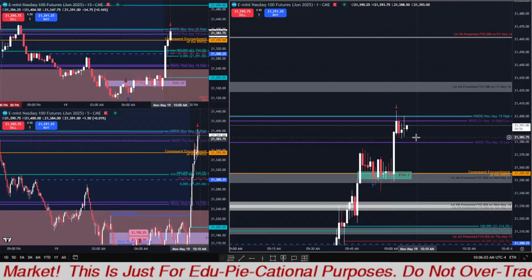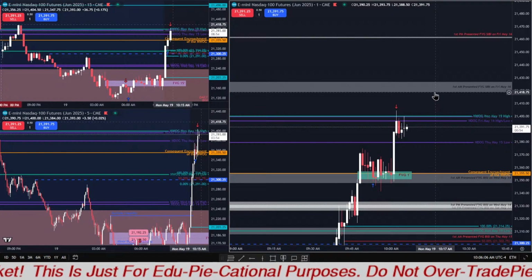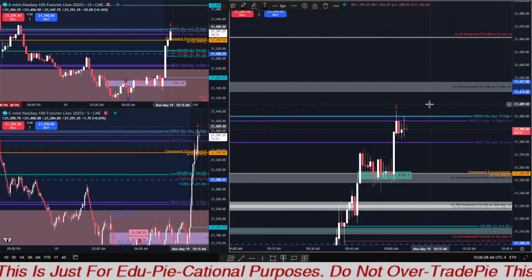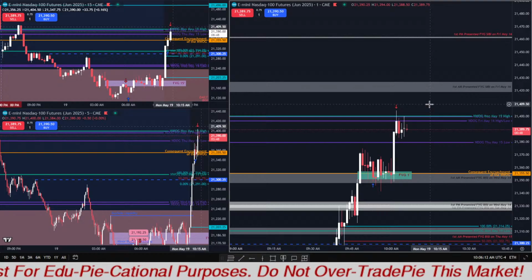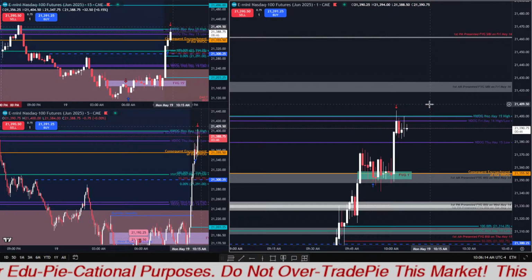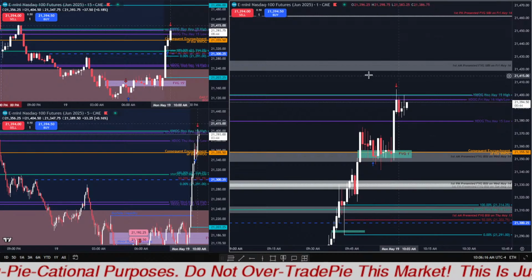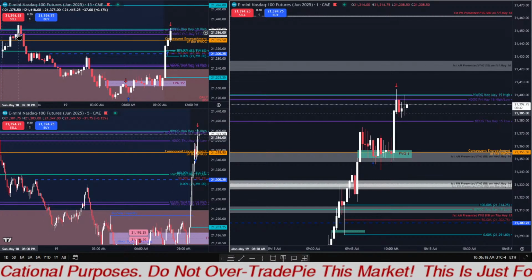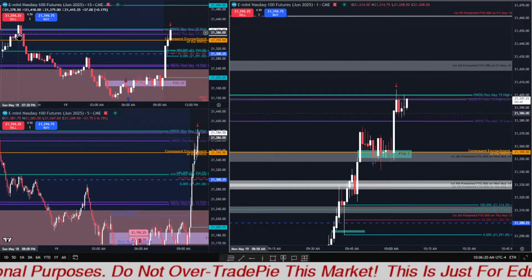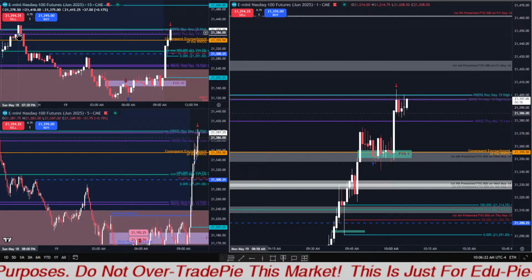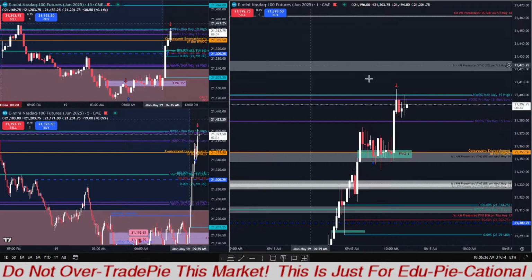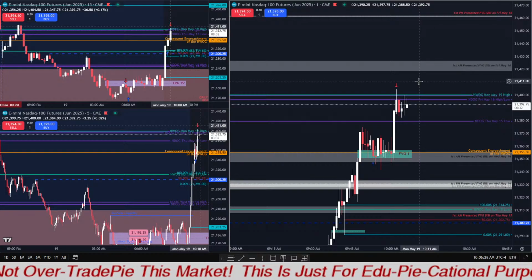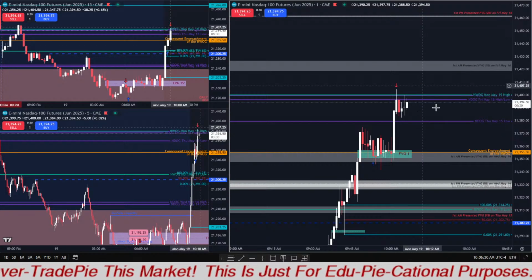To me, still it can go more to reach the low of this first presented fair value gap of Friday and 420 level. Actually, this is the high of this candle over here. It's 418, but you can consider 420 to be a nice round number.